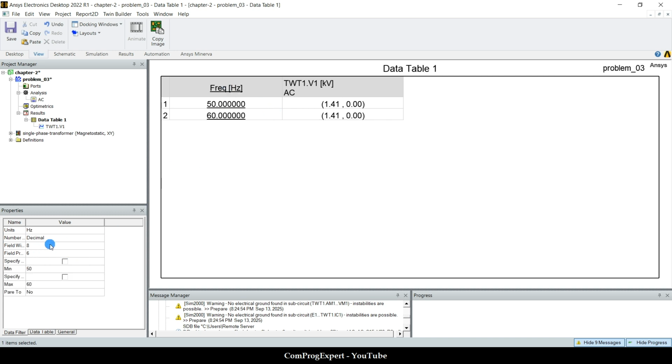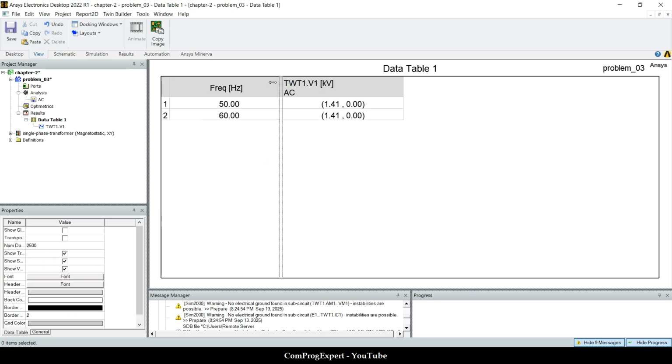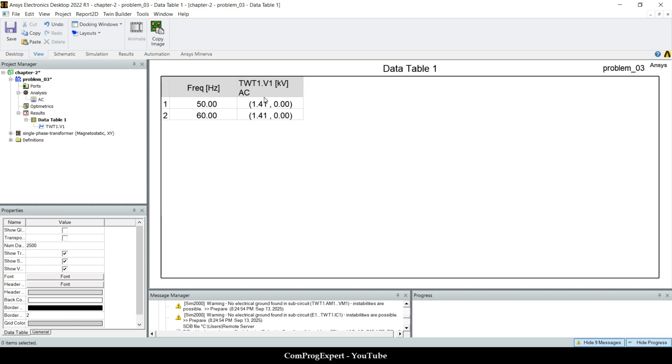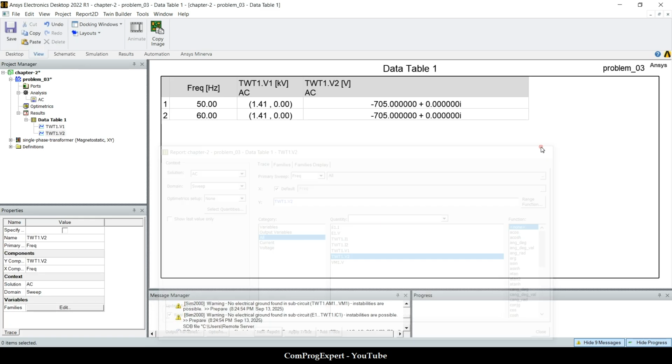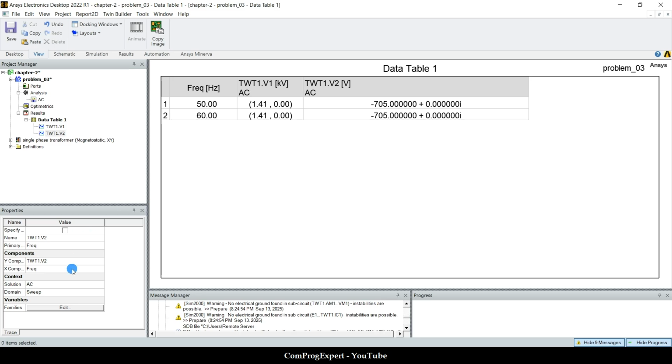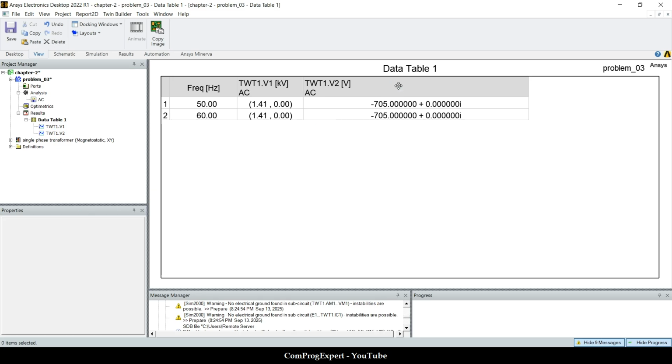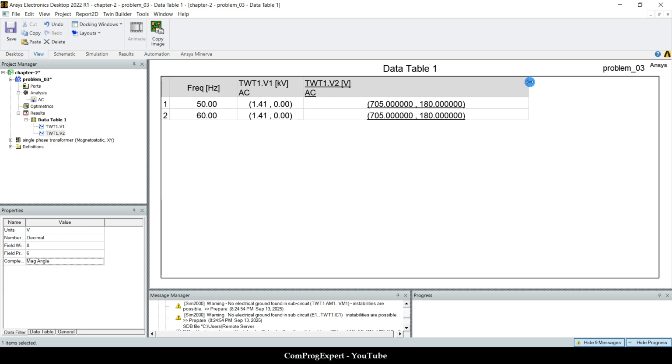Yes, 2 for the precision. And here, let's plot V2. Add. I want to show it in magnitude and angle. You should select this column, magnitude and angle.